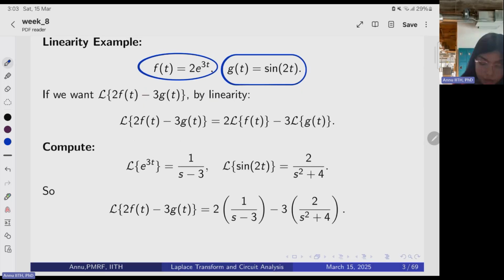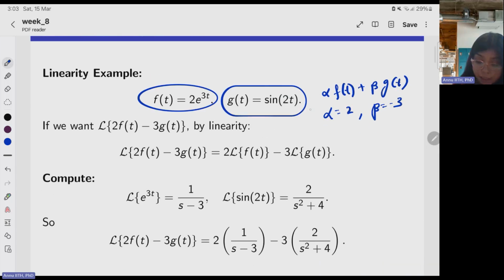Now, let's suppose you have the function alpha f(t) plus beta g(t), where alpha is equal to 2 and beta is equal to minus 3. This system's performance will depend on the f(t) system performance and the g(t) system performance.